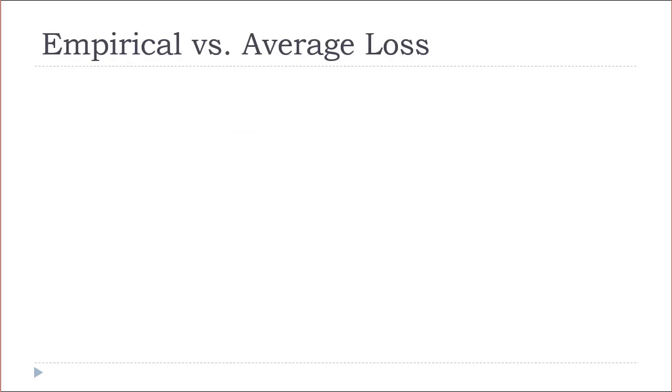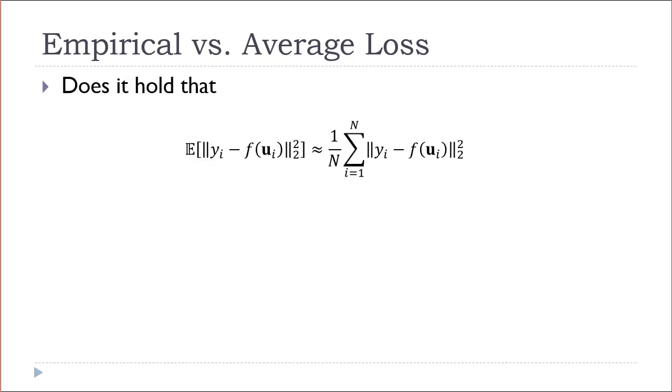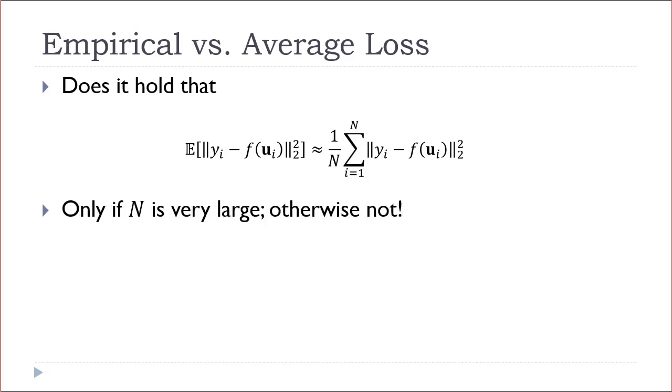This brings us to the question if the empirical loss is really a good replacement for the mean loss or the expected loss. Recall that the law of large numbers says that it is indeed a good approximation if n is large, but of course not if n is not large.